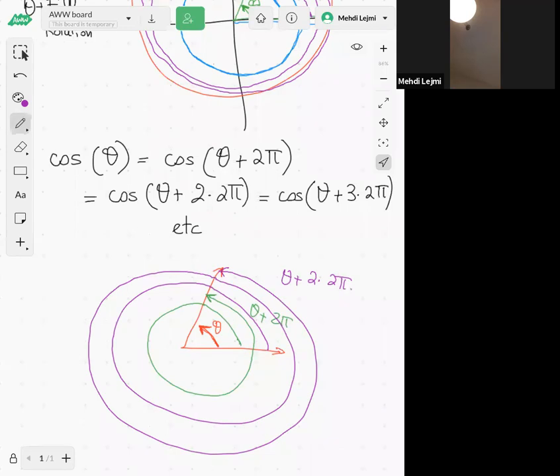When you do a full rotation, it doesn't change the value of your cosine and sine because you end up in the same place on the same side. The same goes for sine, of course.